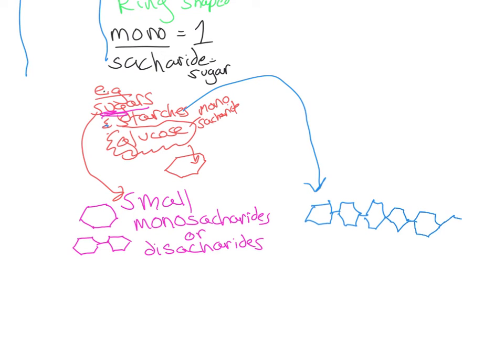I'm just trying to do it quickly to show that there are definitely more than one or two now connected, aren't there? So it's still called a saccharide. The building block here is still called a saccharide. But we're not just dealing with a mono or a di. We're dealing with many. Any ideas what the prefix for many is?